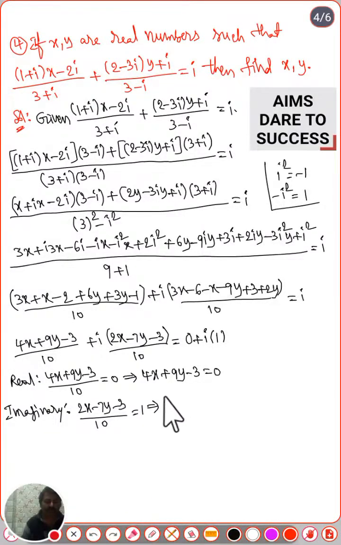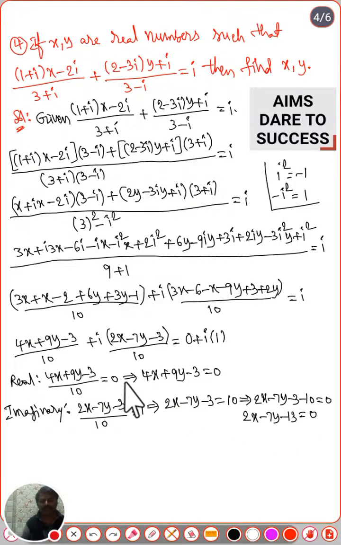Slowly cross multiply, we get 2x minus 7y minus 3 is equal to 10 ones are 10. 10 coming to the left side, we get 2x minus 7y minus 3 minus 10 is equal to 0. So this is 2x minus 7y minus 3 minus 10, which is minus 13, is equal to 0.